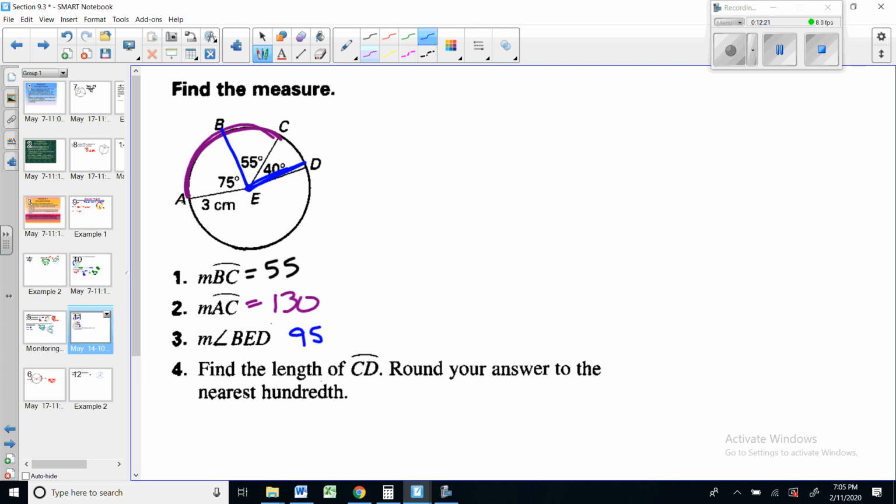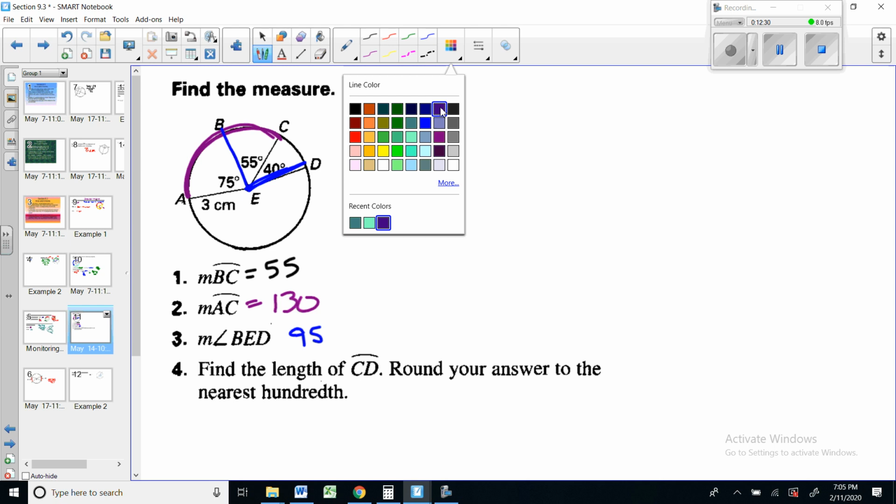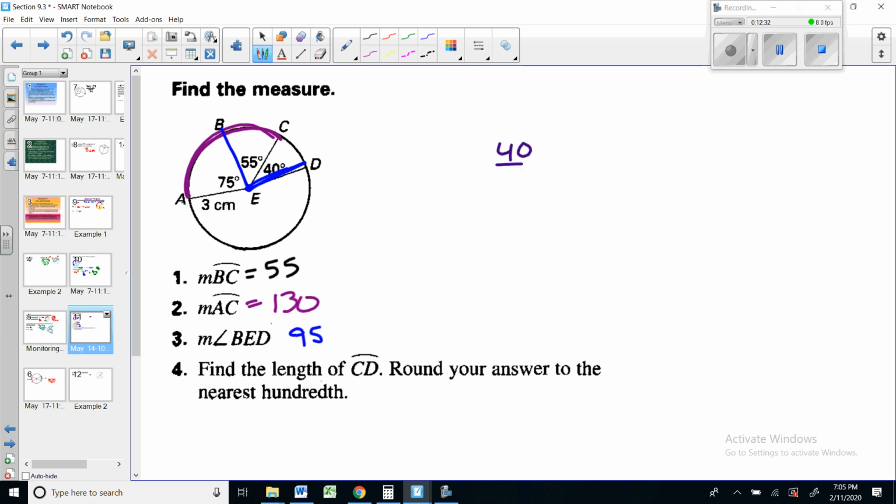The last question asks us to find the length from C to D. This goes into what we did in the last lesson. In that lesson, we took 40 degrees, the measure of our central angle, over 360, and multiplied it by 2 pi times our radius, which was the circumference of the circle. So we got a portion of the circle multiplied by the circumference.